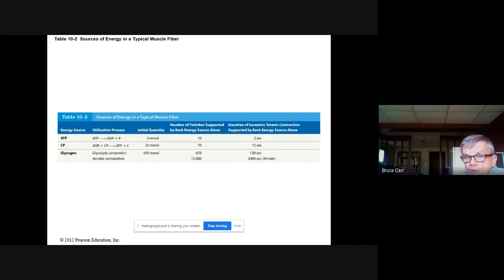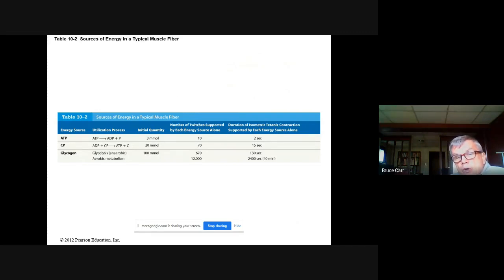If you have an emergency situation, another 70 twitches or another 15 seconds of energy that do not depend on your oxygen is available. But the ATP and the CP represent your emergency startup, and it lasts basically 17 seconds. At that point, the glycogen that's stored in your muscle will undergo aerobic respiration, beginning with glycolysis, which is anaerobic, and then the breakdown to CO2 and water, producing ATP in the mitochondrion.